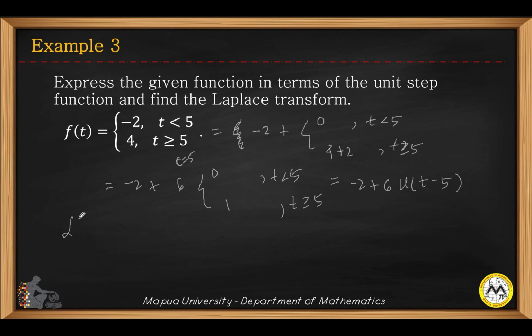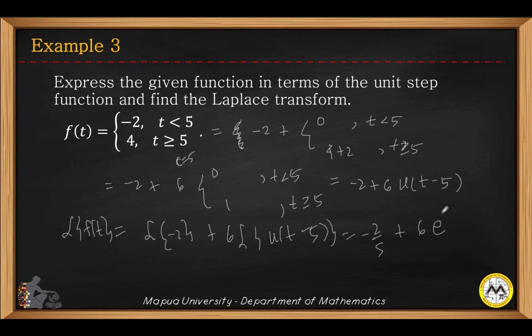So the Laplace transform of f of t will be the Laplace transform of negative 2 plus 6 times the Laplace transform of the unit step function. So this is negative 2 over s plus 6 e to the negative 5s over s.